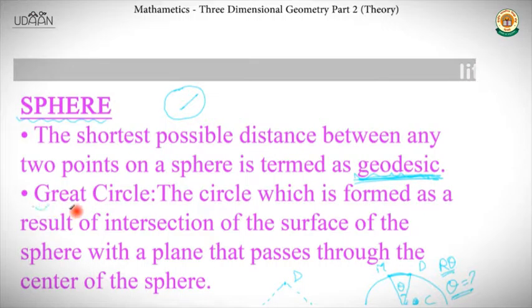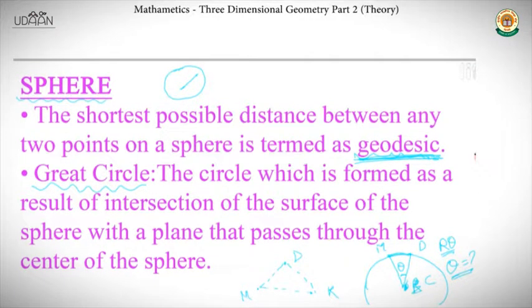Now we have the great circle. What is a great circle? The circle which is formed as a result of the intersection of the surface of the sphere with a plane that passes through the center of the sphere. This is a sphere. Let's say we have a plane like this, and it is passing through the center of this sphere.